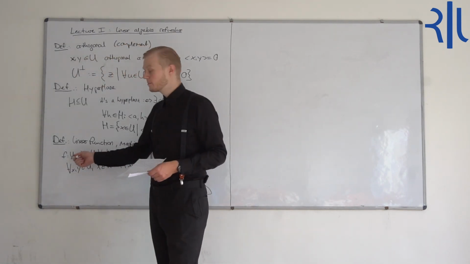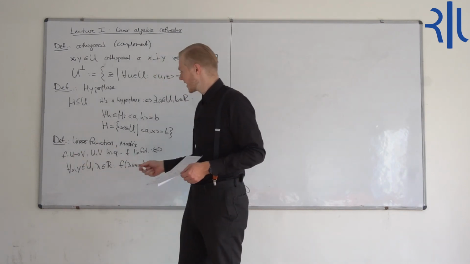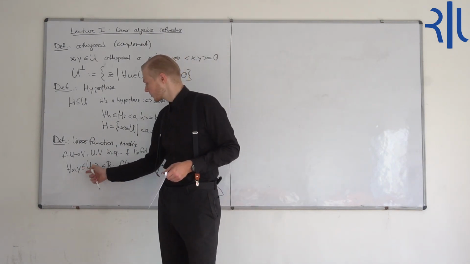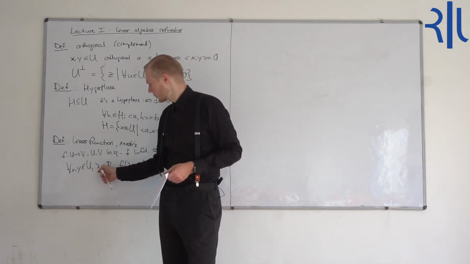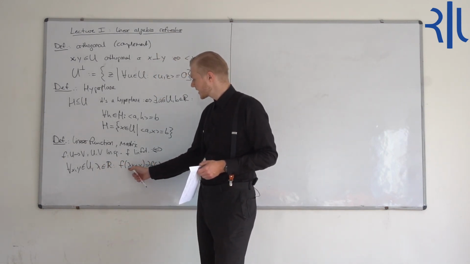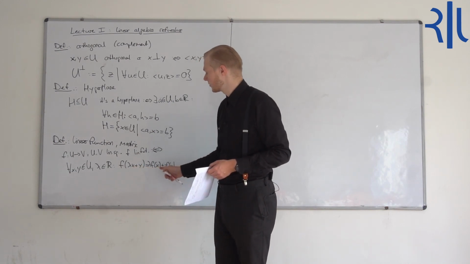A function mapping from the vector space U to the vector space V is a linear function exactly if for every two arguments that we can take and every scalar that we choose, we can decompose the function value of the sum into the sum of the function values.